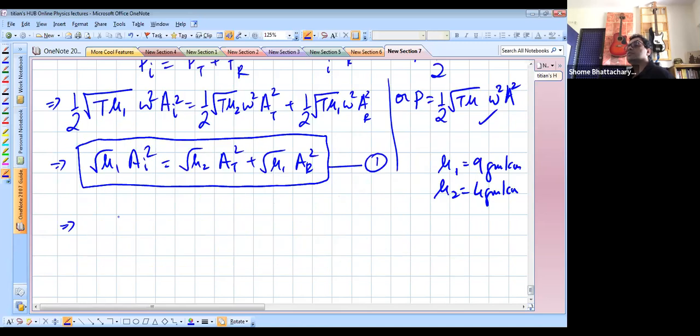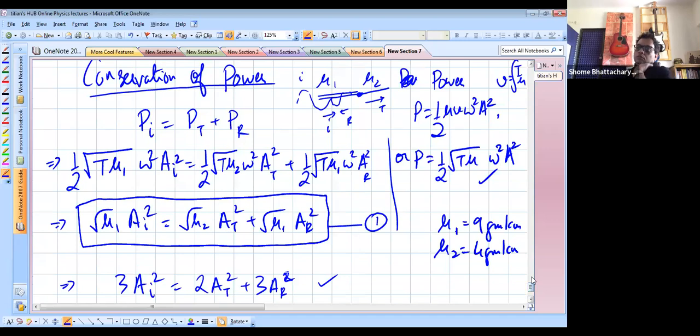So this becomes this equation. Now with A reflected and A transmitted, we need one more equation.